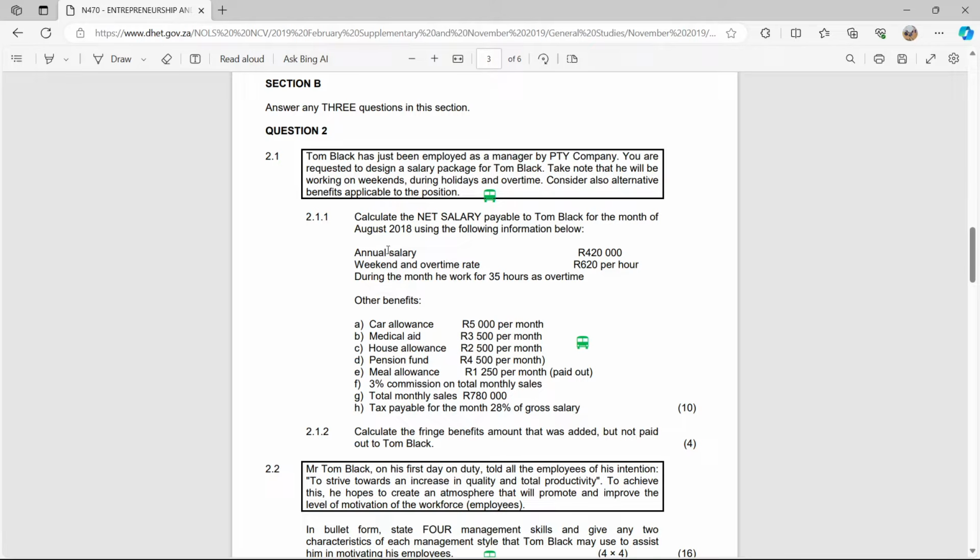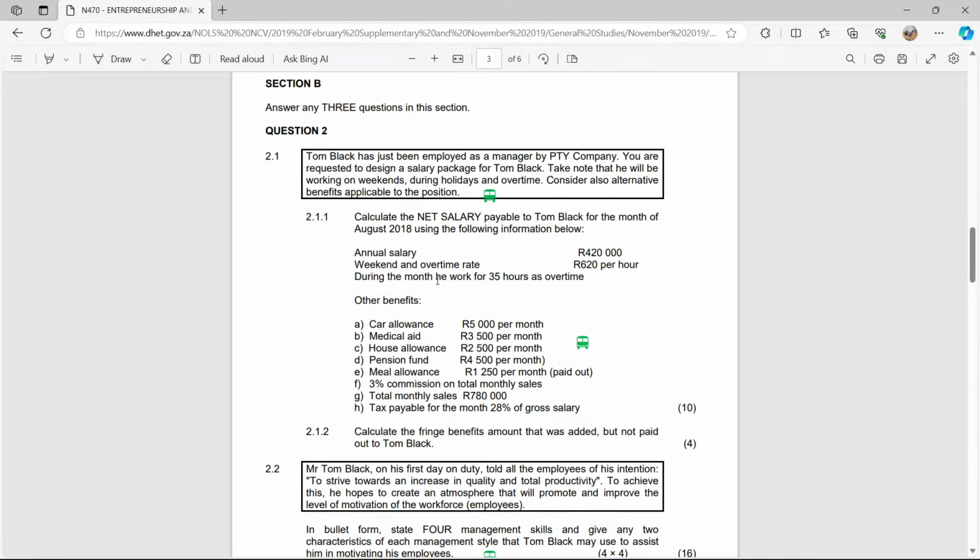So we know that Tom Black is earning an annual salary of 420,000, right? So this simply means that for a period of 1 year, meaning 12 months, Tom Black will be earning 420,000 rand in 1 year, right? And then we are also told that weekend and overtime rate is at 620 rand per hour, right?